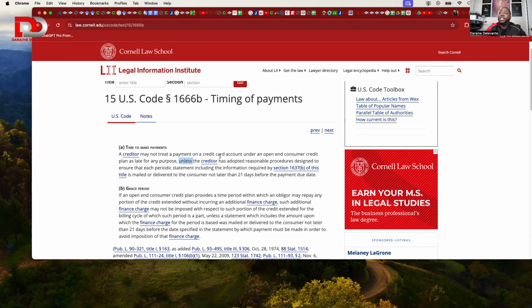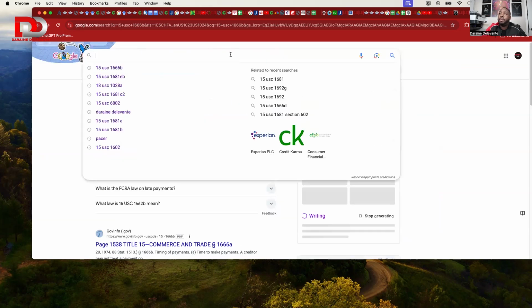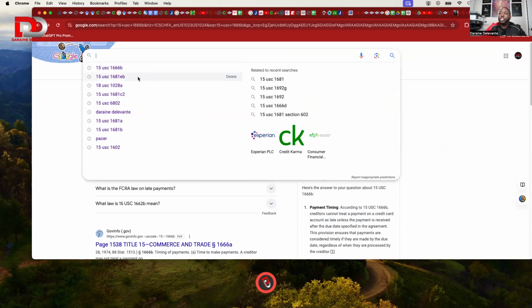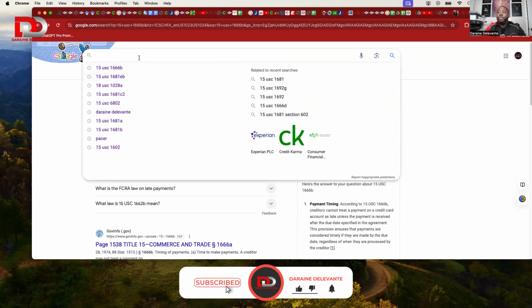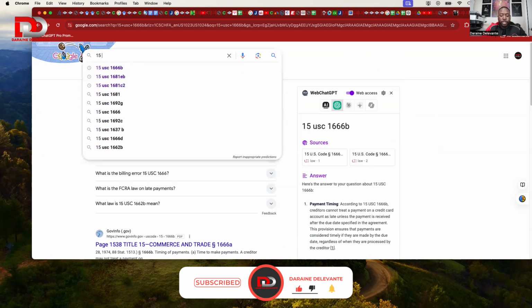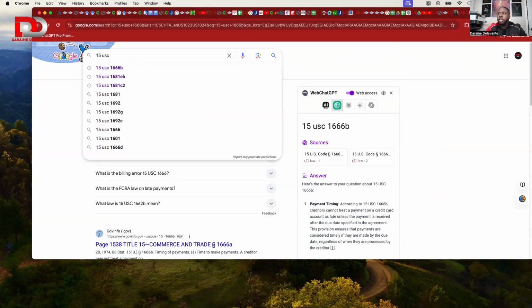Now, in addition to these requirements, there is also a negative information requirement, because we know that a late payment is also a negative item. So 15 USC 1681 C2.